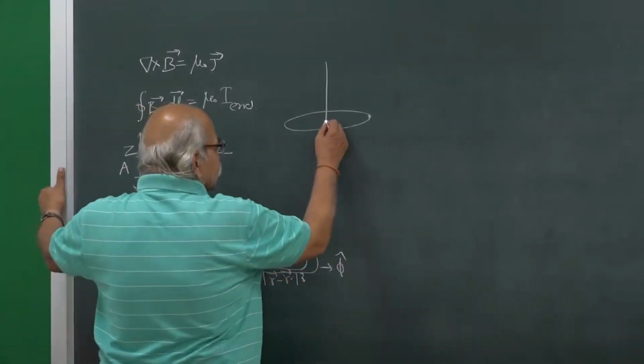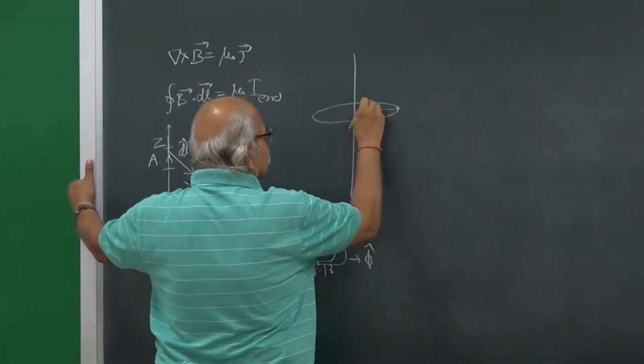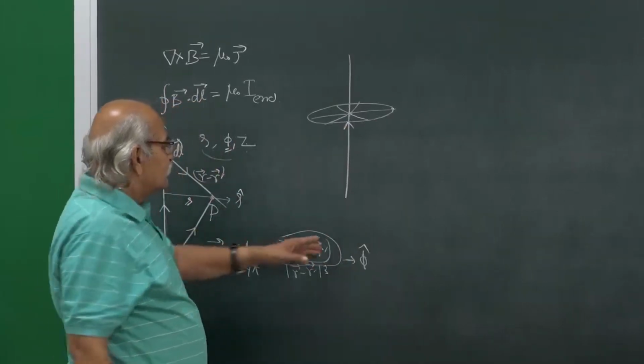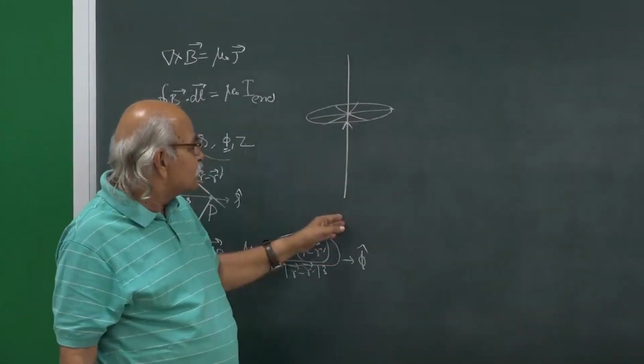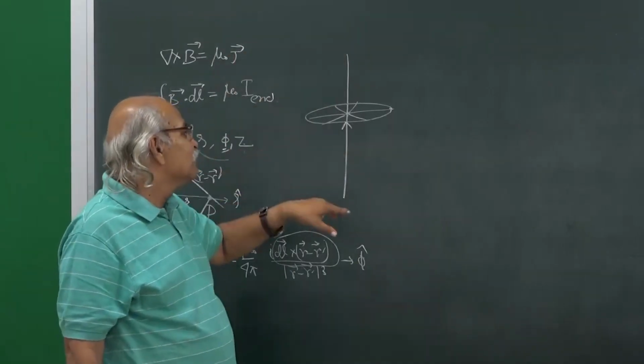Since all these points are at the same distance, they are all radii of the circle. You only have this current here, no other current is around.